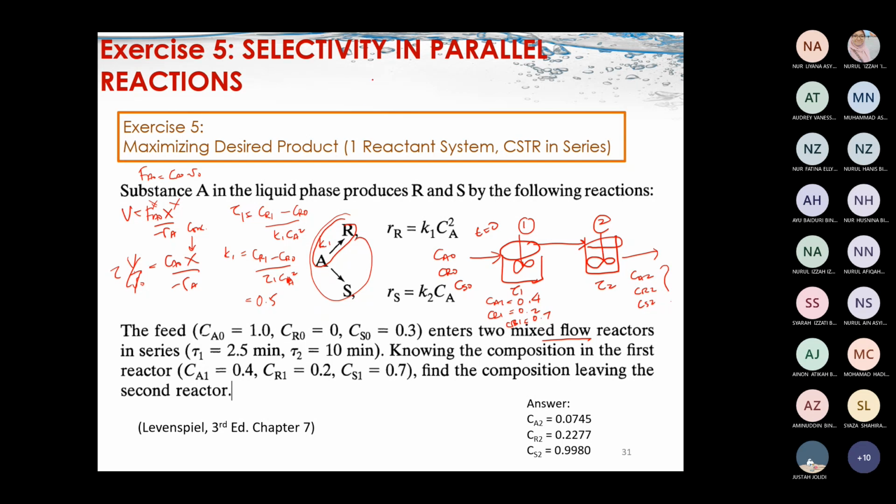So for K2, still in the same reactor, is equal to CS1 minus CS0 over K2Ca, because S here is referring to K2, not K1. K1 is for A to R and K2 for A to S. So from here just substitute.